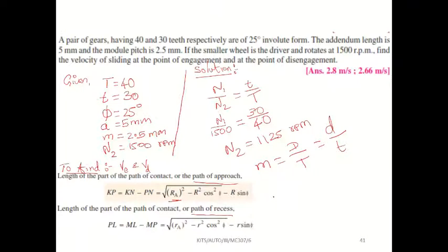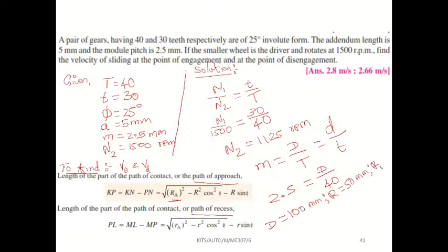So 2.5 equals capital D divided by capital T. Capital T value is 40. So this D value will be 100 mm. So the radius will be 100 by 2, 50 mm.